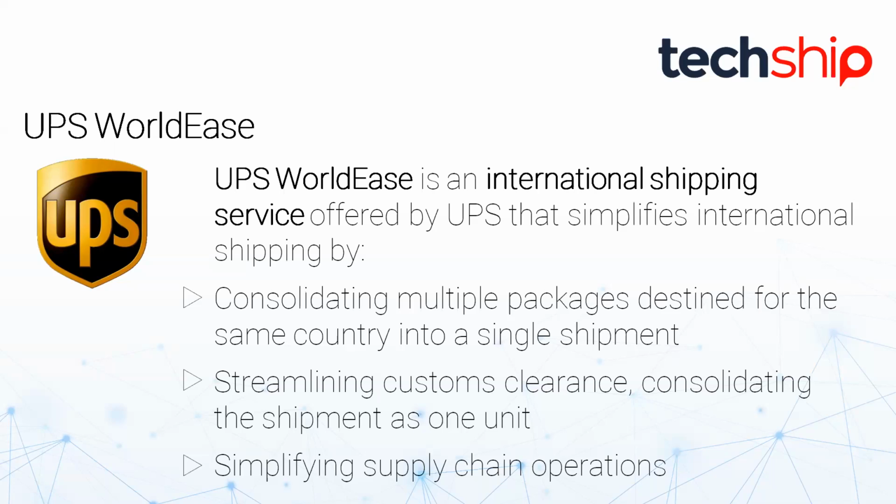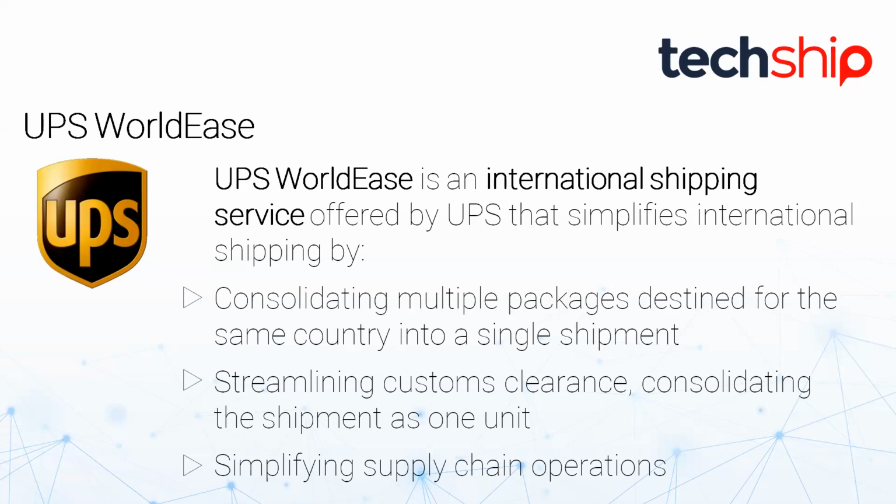Then the second advantage of this is streamlining customs clearance because everything is consolidated as one unit. So those 40 boxes will be consolidated as just one, saving you a lot of time, effort, and obviously reducing potential issues, okay?